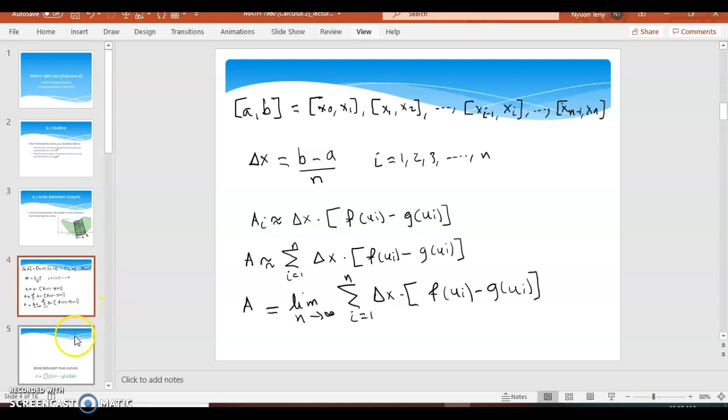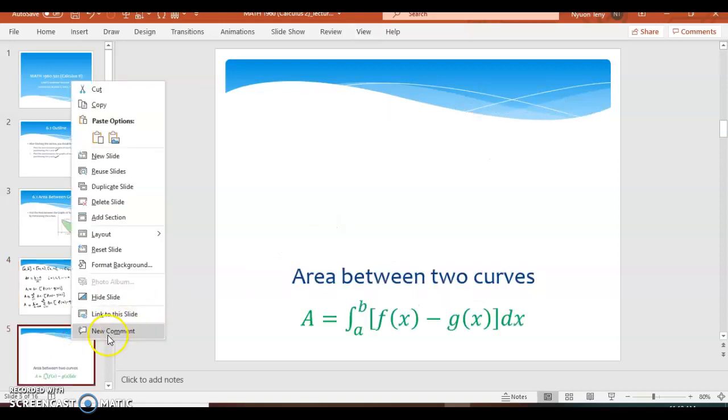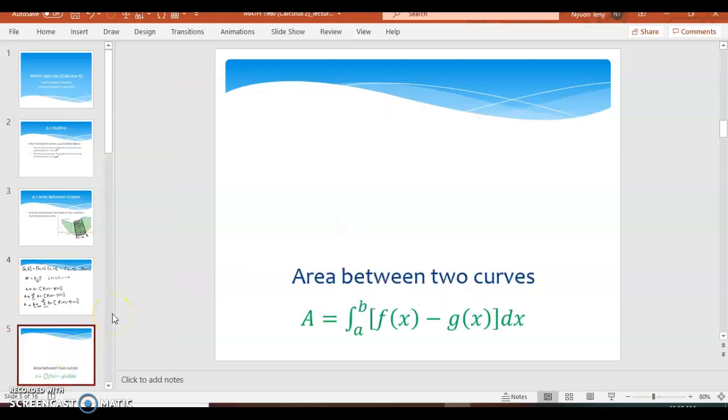Okay, so we know from our study that the limit of a Riemann sum equals an integral.